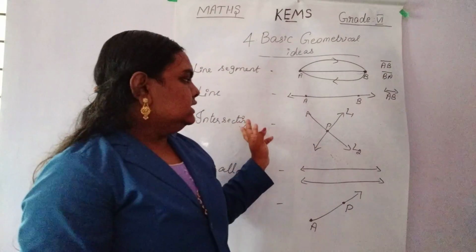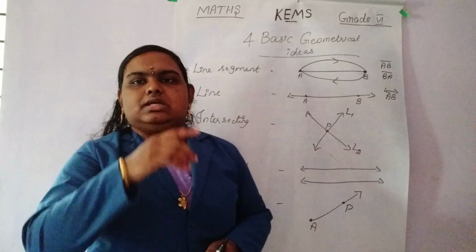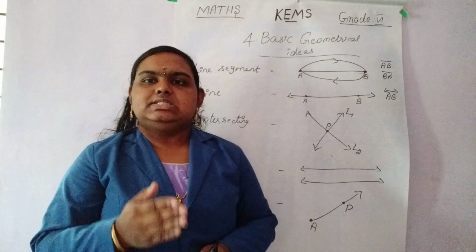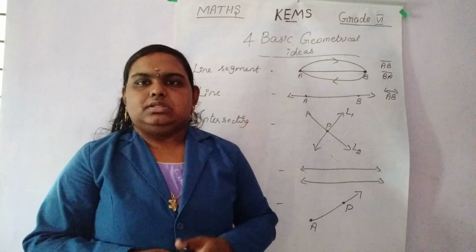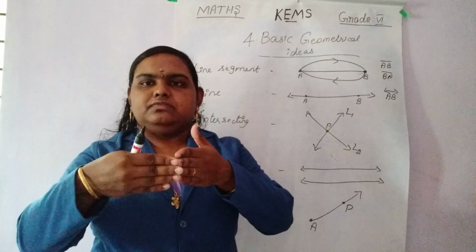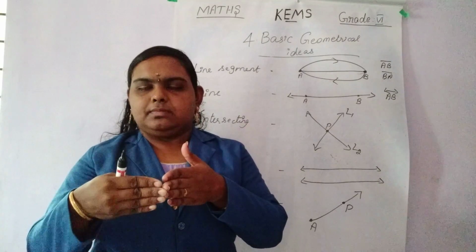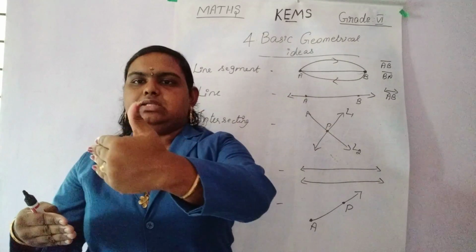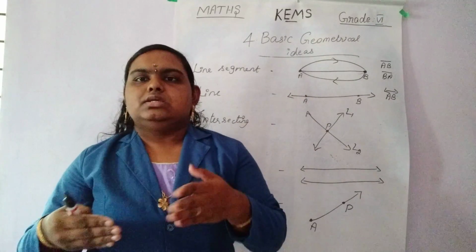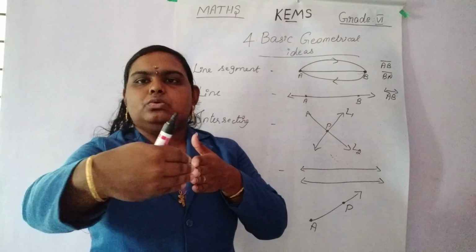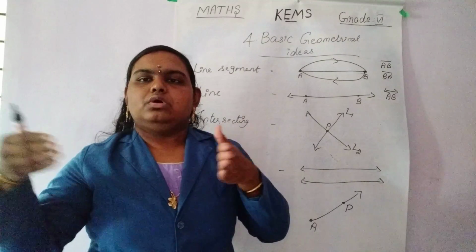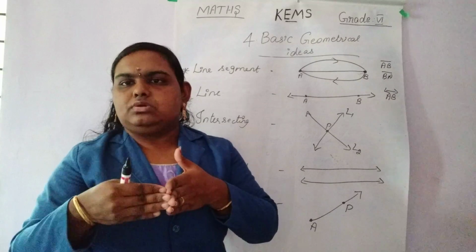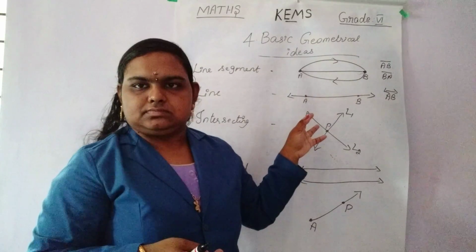Then intersecting lines: if you are taking a road, the road will meet with another road. If you are traveling, we turn to another road. So two or three roads are meeting, and that meeting point is known as intersecting.